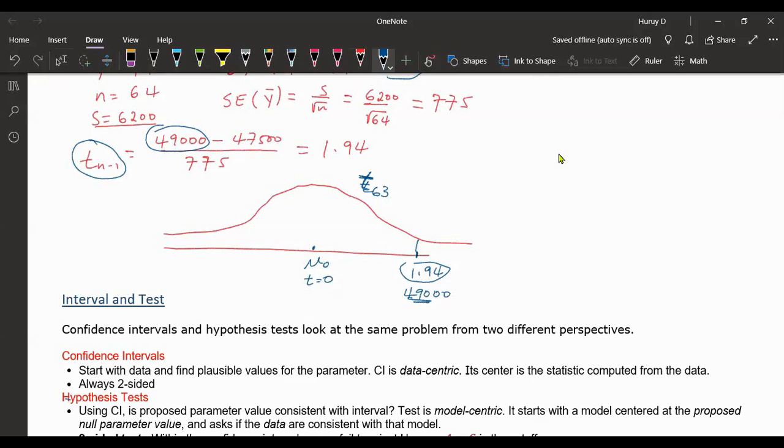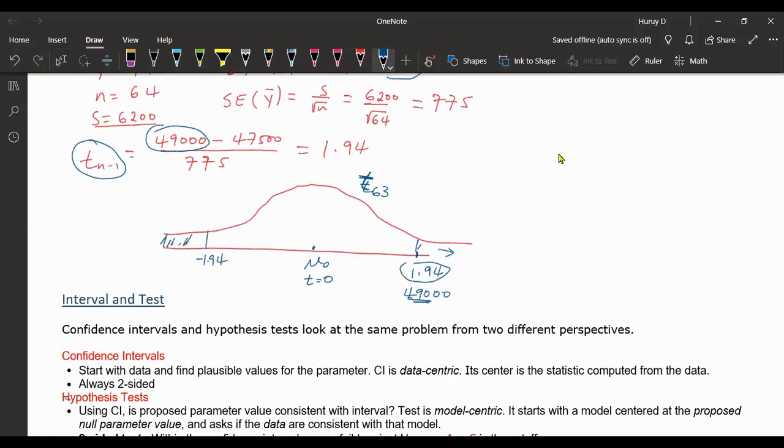Therefore, what is the p-value now? How do I find it from this graph? Well, the p-value is the probability, when H naught is true, of obtaining samples like our sample, or more extreme than that. More extreme means you go in this direction, or from the other side, we have negative 1.94, the same value but symmetric, the opposite number.